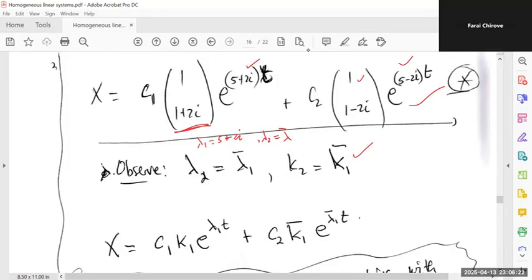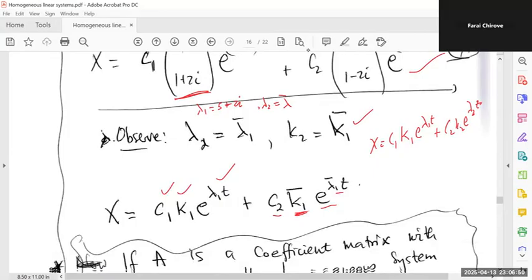So instead of writing it as x equals c1 k1 e to the power lambda 1 t plus c2 k2 e to the power lambda 2 t, you can write it as c1 k1 e to the power lambda 1 t plus c2 k1 bar e to the power lambda 1 bar t.